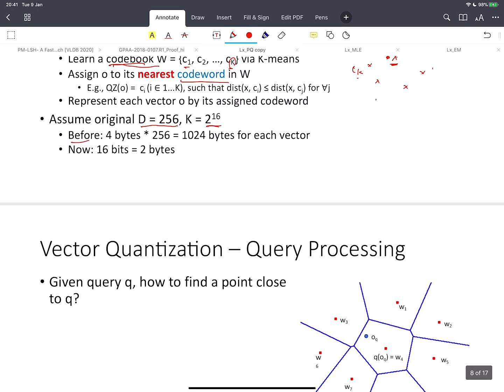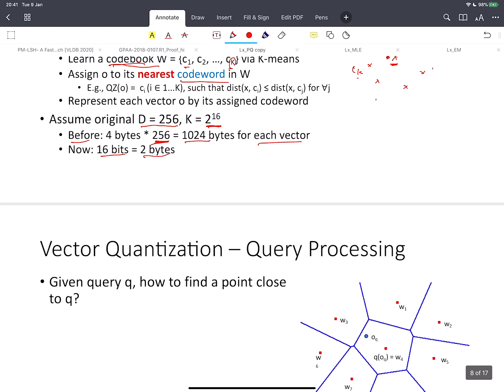So before we do the quantization, for each high-dimensional real vector, we've got 256 dimensions, and each dimension is 4 bytes. So you are going to use 1k for just one point. Now, if you do something like this, k is 2 to the power of 16, so you only need to use up to 16 bits to encode it. So it's only 2 bytes, right?